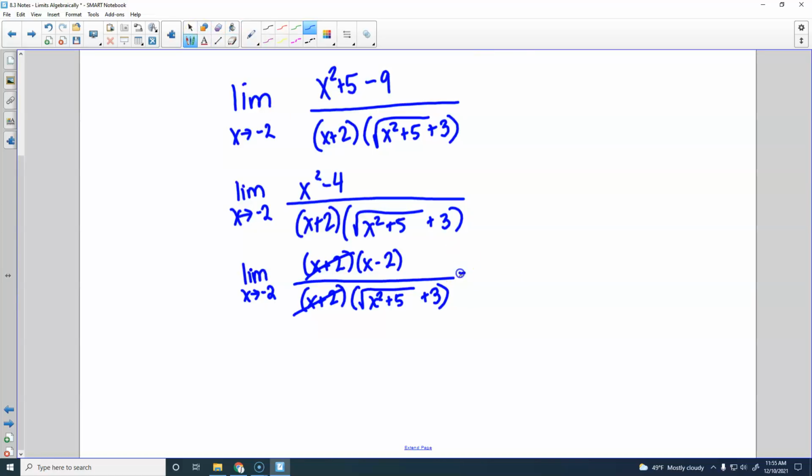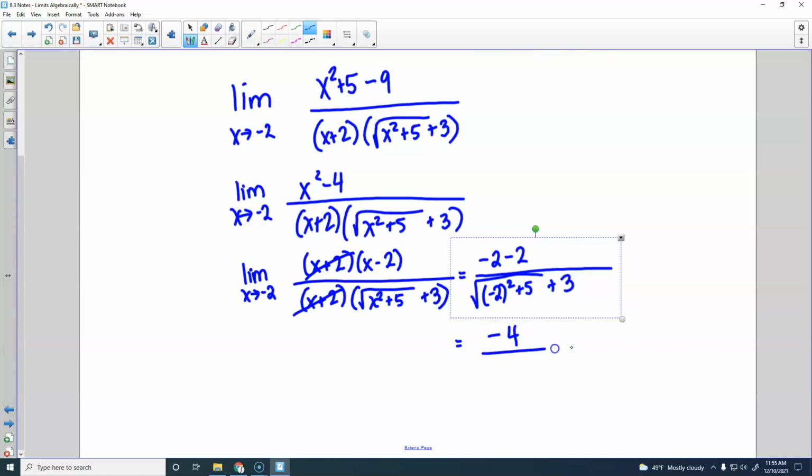So, at this point, we're going to plug in negative 2. That's going to be a square root of 9 plus 3. So we get negative 4 over 6, which will be negative 2/3.